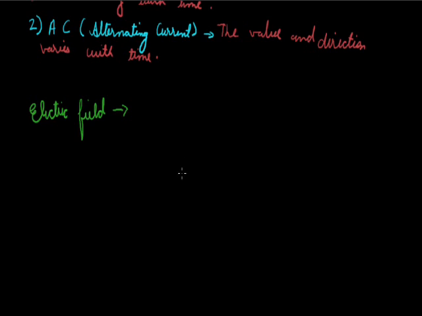Means if we have a charge Q naught present here, then there must be a space or a region around it where any other charge will experience a force of attraction or repulsion. This space around it is known as the electric field.